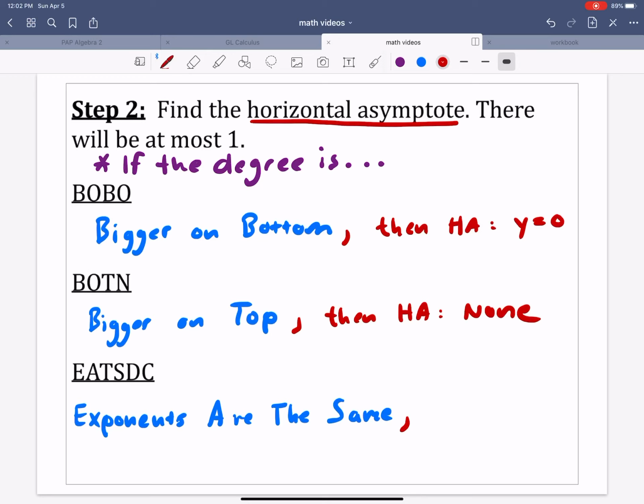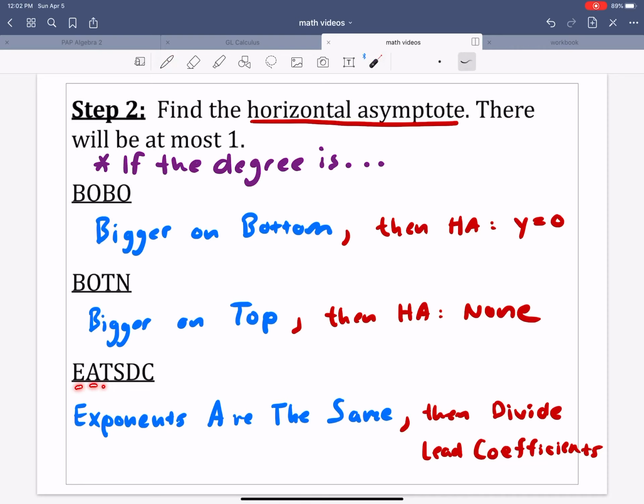Then the horizontal asymptote is found by dividing the lead coefficients. Exponents are the same, divide coefficients. EATS DC. Watch the letters as I read it.